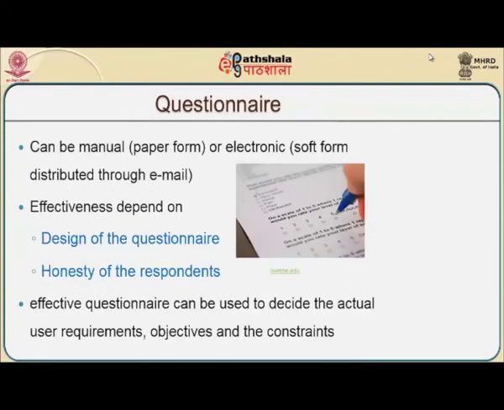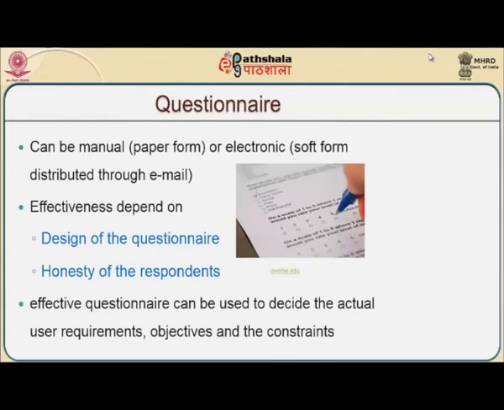The second nice technique that we can follow during our requirements elicitation process is preparing a questionnaire. This questionnaire helps us identify a list of honest responses from the stakeholders. These questionnaires can either be in a manual, paper-based form, or an electronic form, which can also be a soft copy.